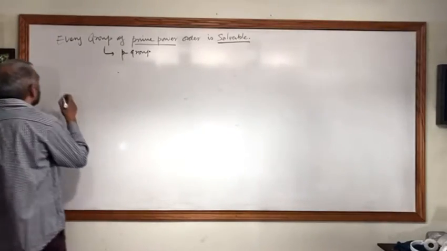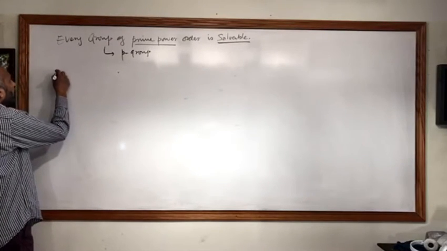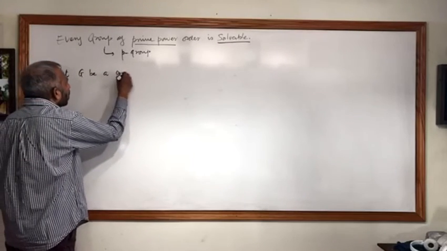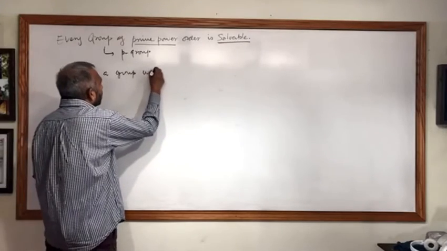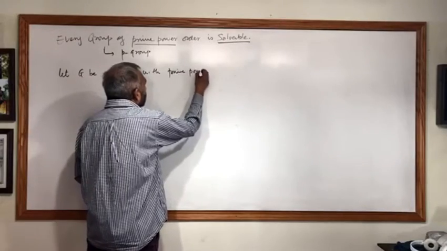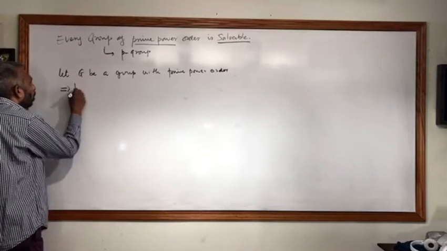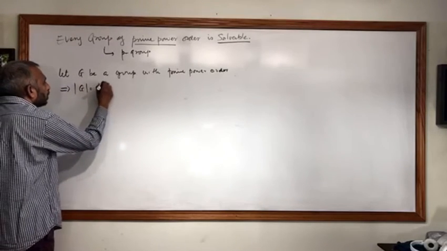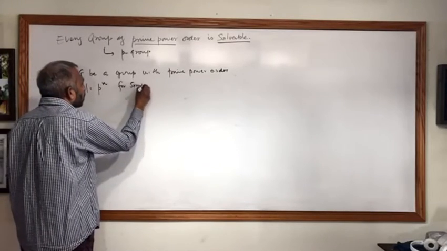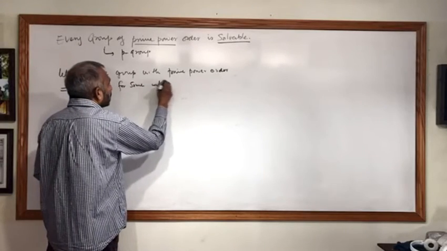Prime power order means, so let G be a group with the prime power order, and that means the order of G is equal to p to the power of n for some integer n.